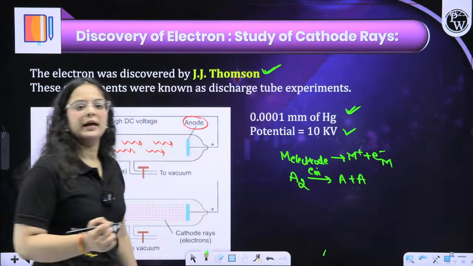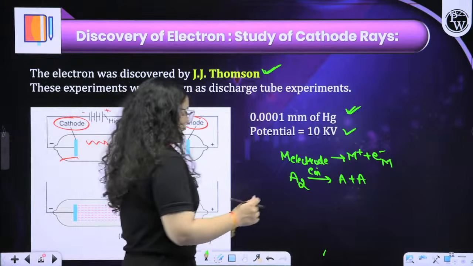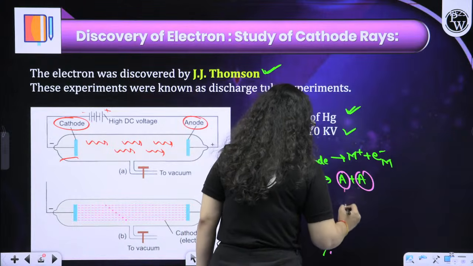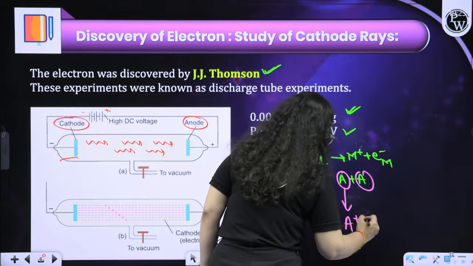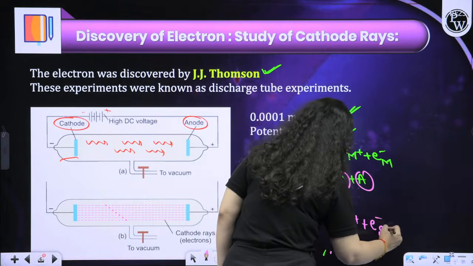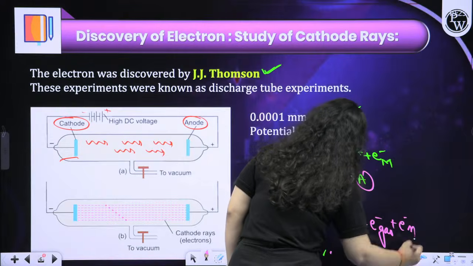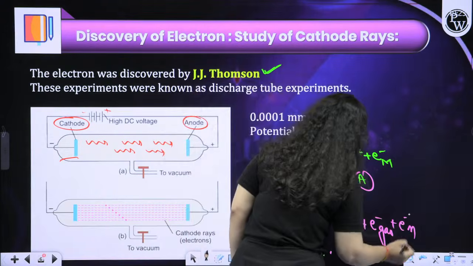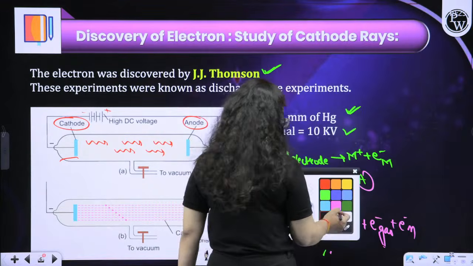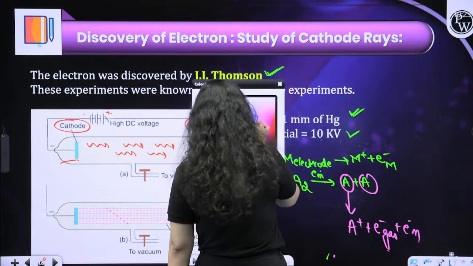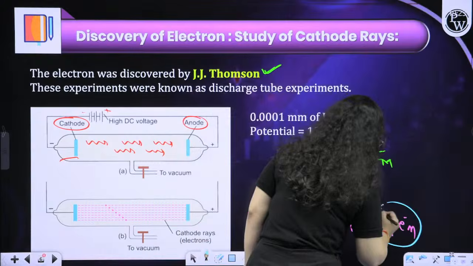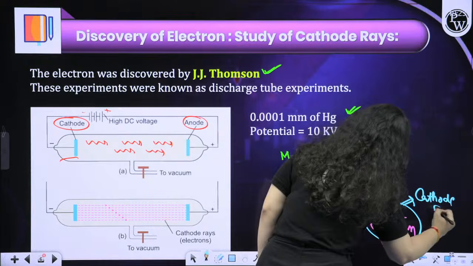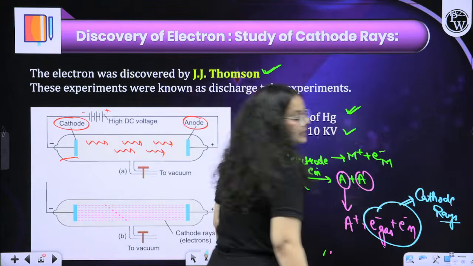This splitting A2 gas will further ionize and produce the electron of the gas along with the electron of the metal. So these electrons, the negative particles that you are getting over here, are the cathode rays.